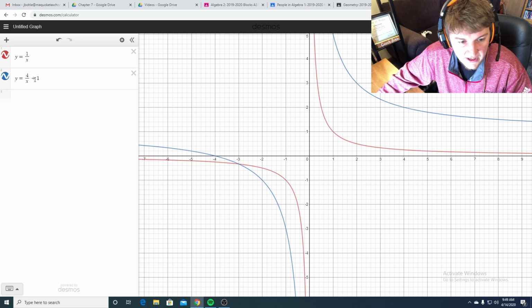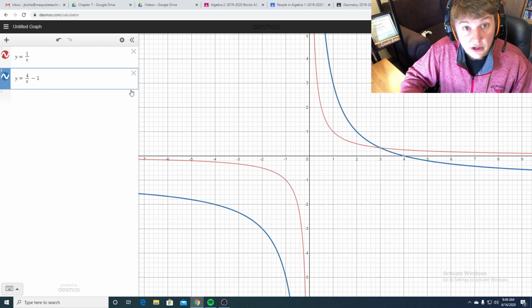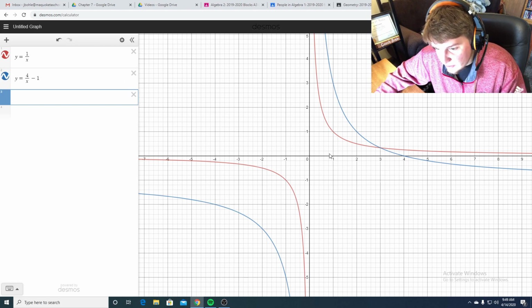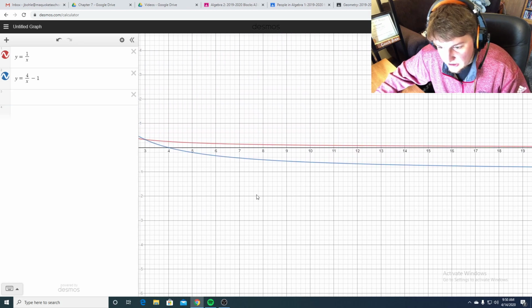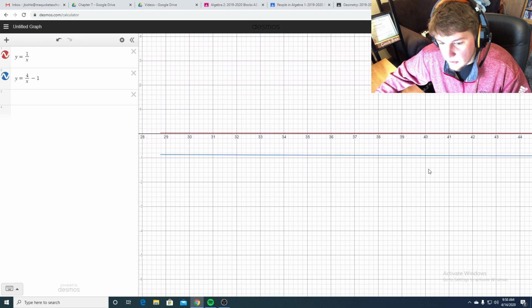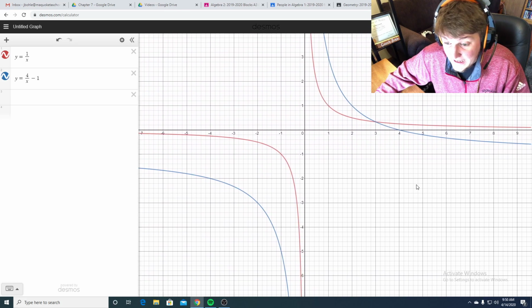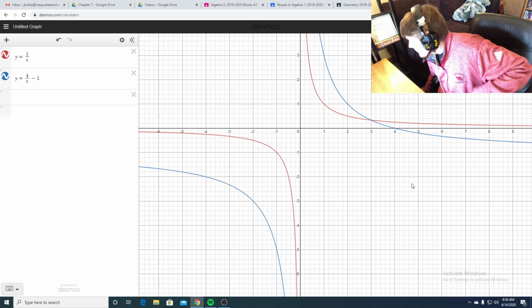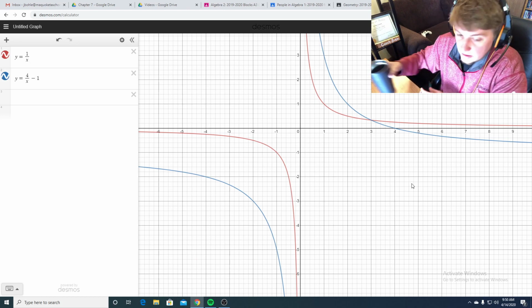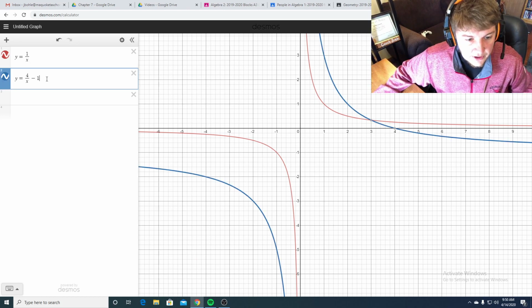Similarly, if we were to put minus 1, what do you think would happen? It would move it down 1. So now instead of approaching 0 here, it's going to approach negative 1 here. It's going to get closer to negative 1. And this is very consistent with how we have talked about the graphs of basically any other function, in that it is going to be shifting vertically with this number out here.